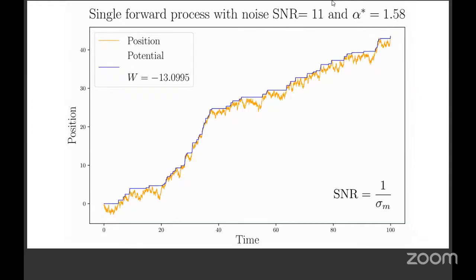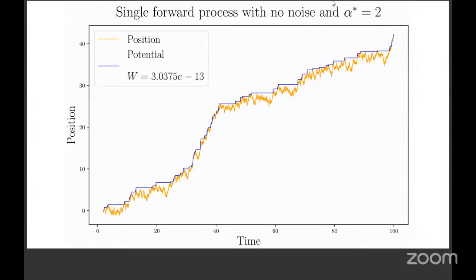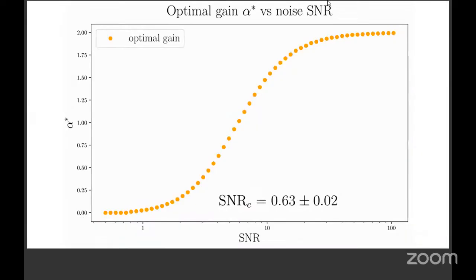Okay? It appears basically the same. But the condition I am trying to satisfy is that on average, the work done in the procedure of updating the position of the potential is 0. Here I have a plot for that optimal gain as a function of a wide range of noises.